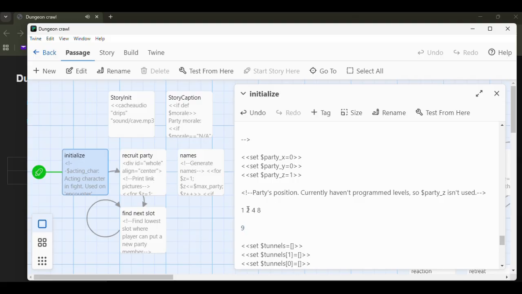And if you've got the numbers 1, 2, 4, and 8, there's no way to add those up and get 9 other than 8 and 1. So if I have 9, it's possible to know that means north and west. And so that's how we store 4 bits of information in one location.